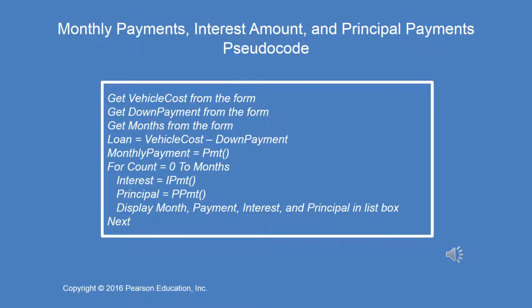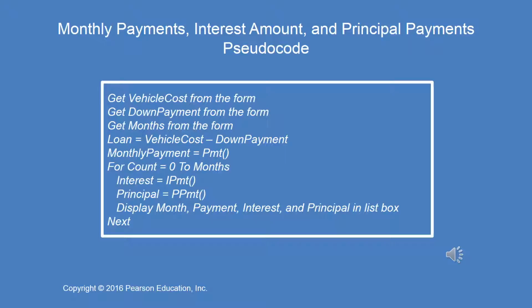Some pseudocode: get the vehicle cost from the form, get the down payment from the form, get months from the form, and the loan equals the vehicle cost minus the down payment. Your monthly payment equals payment. And then you've got a for loop. For count equals 0 to months, interest equals IPayment, principal equals PPayment.